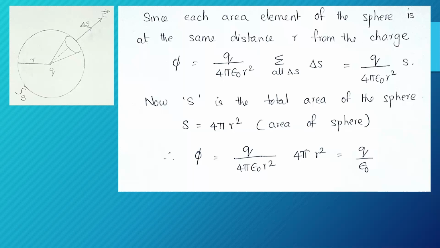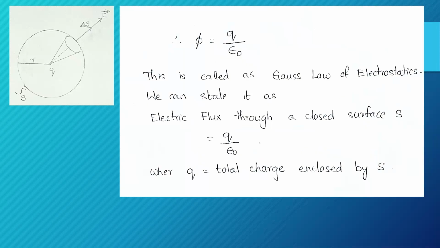Now, in the numerator and denominator, 4 pi cancels, r square cancels. We will get phi is equal to q by epsilon naught. This is the expression for the flux through a closed surface. So, finally, we got the expression for the flux through a closed surface. Phi is equal to q by epsilon naught.